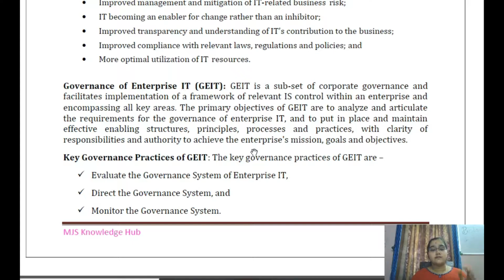It will do so by putting in place and maintaining effective enabling structures, principles, policies and practices, with clarity of responsibility and authority. First it will analyze and see where the required areas are for the governance of enterprise IT. What are the areas? It will search. Once the areas are identified, it will put in place and maintain effective enabling structures.